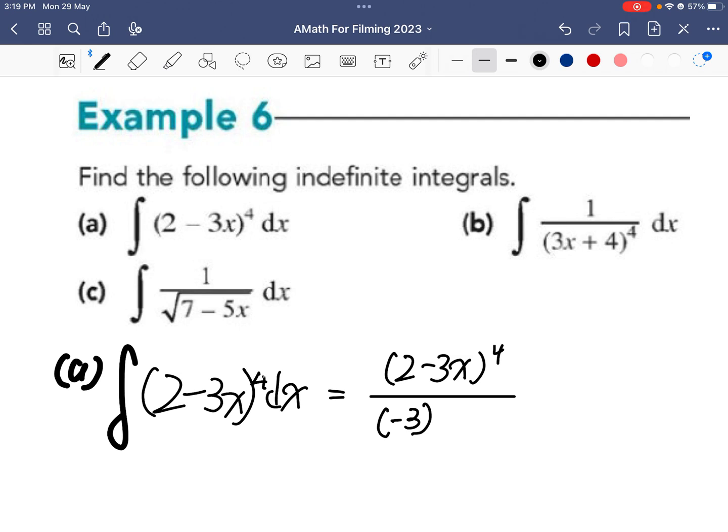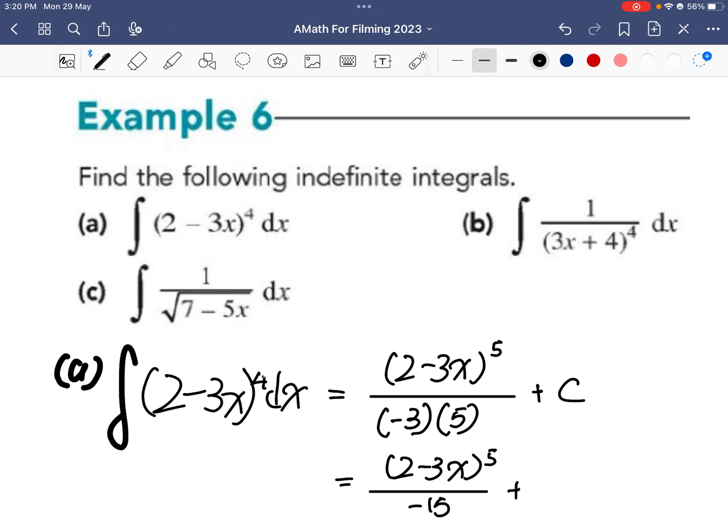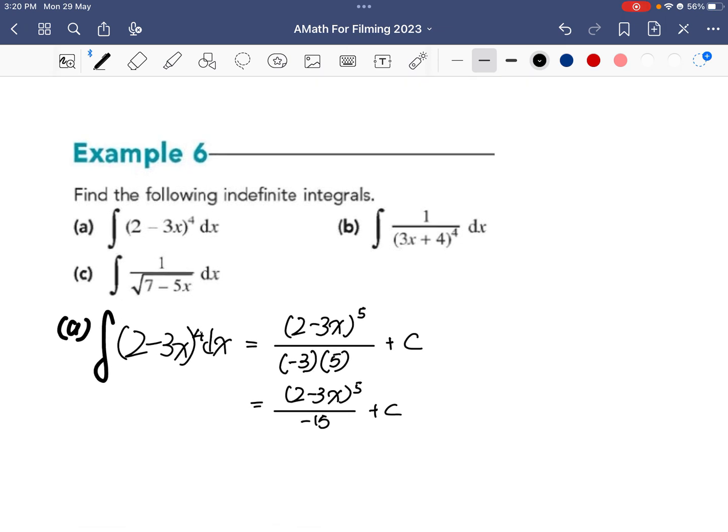Then I increase my index by 1, 4 plus 1 gives me 5. Then I divide by my new index, 5. Don't forget the integration constant. So I have (2 minus 3x) to the power of 5 divided by negative 15 plus c. This is part A.